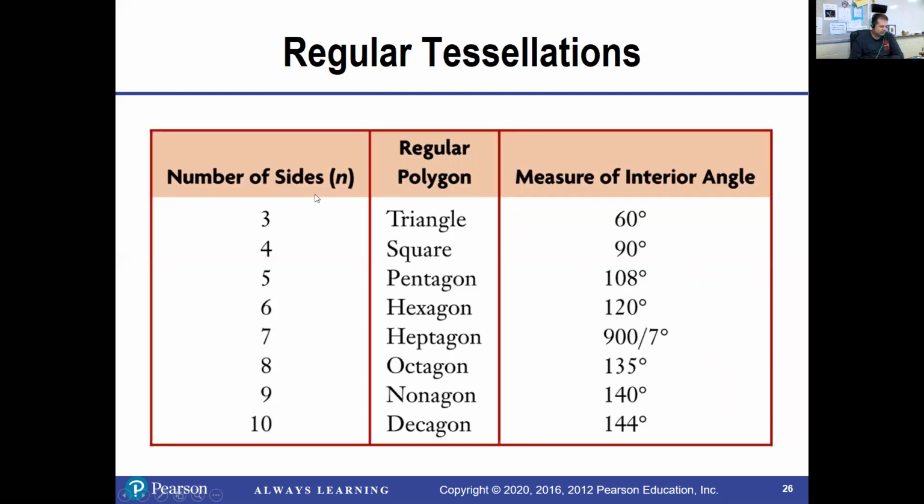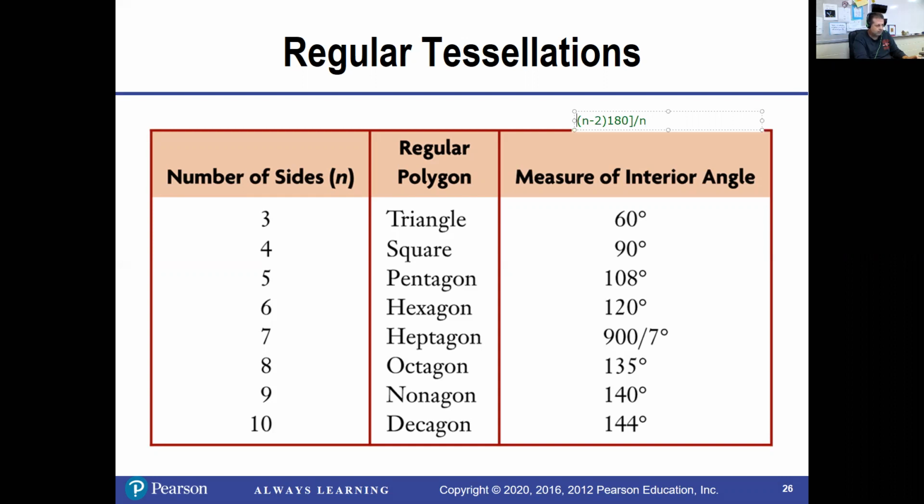So what can tessellate? Well, if you remember, to find the measure of the interior angle, the formula is n minus 2 times 180, divided by the number of sides, the whole thing divided by n.